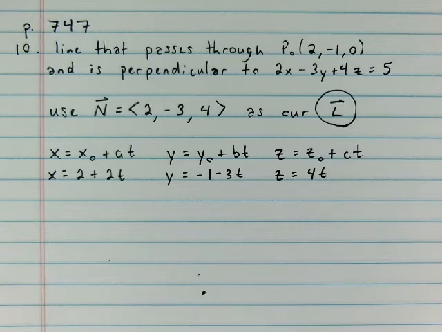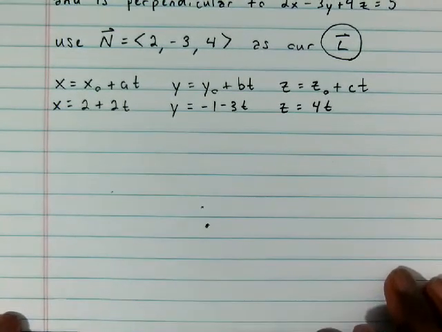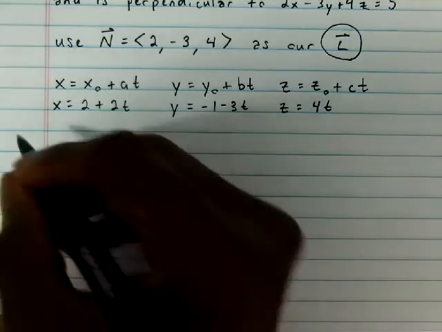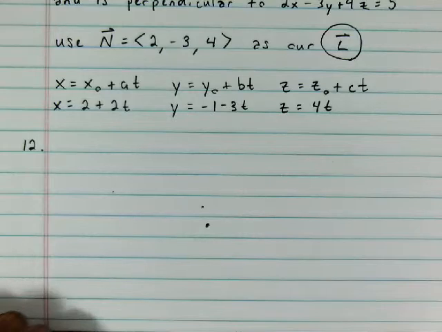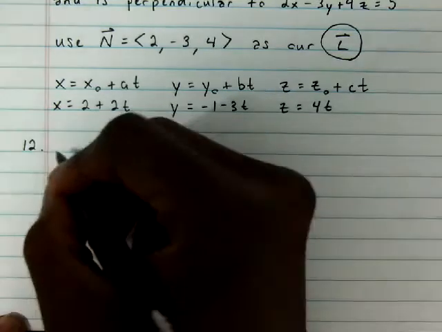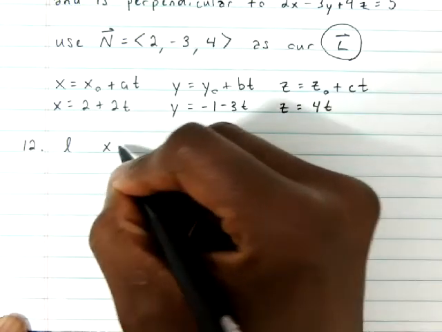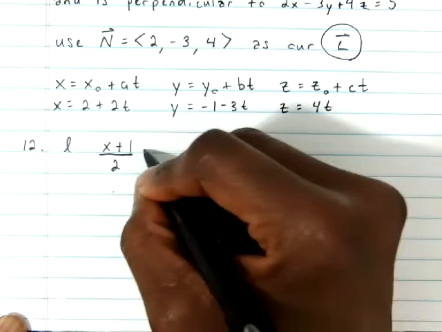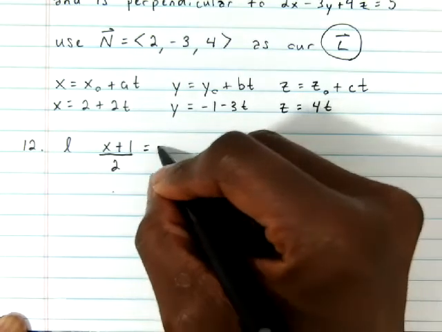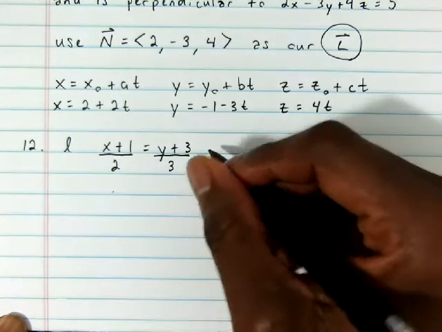Next we'll look at number 12 from the same page. Number 12 is a 3-part problem. It says let L be the line. They gave us a line L, given by the symmetric equations (x plus 1) over 2 equals (y plus 3) over 3 equals -z.